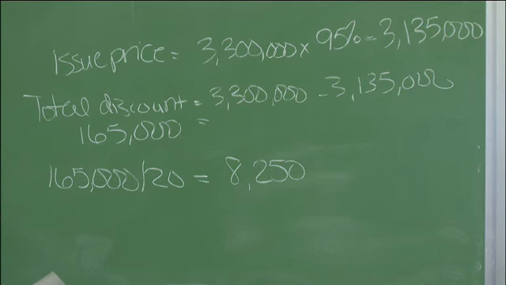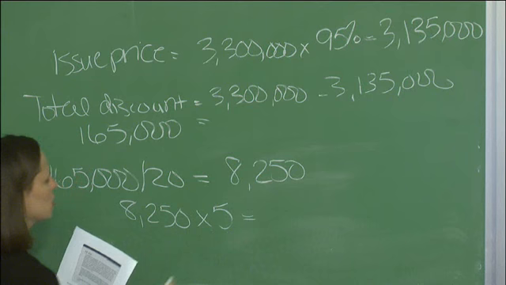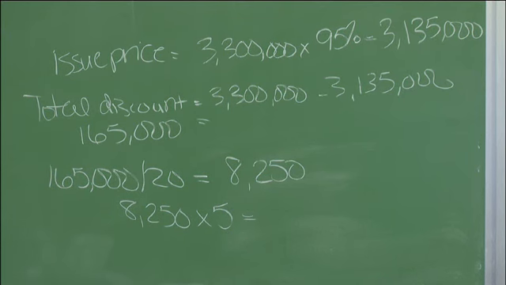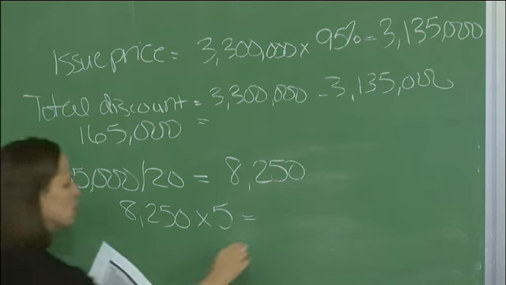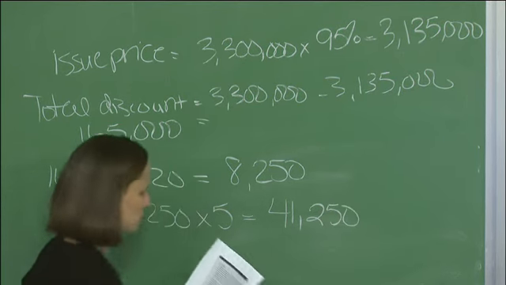At the time that we're converting these notes, 5 years have gone by. So we figure out how much of the discount is amortized after 5 years by multiplying that $8,250 by 5. We get $41,250.